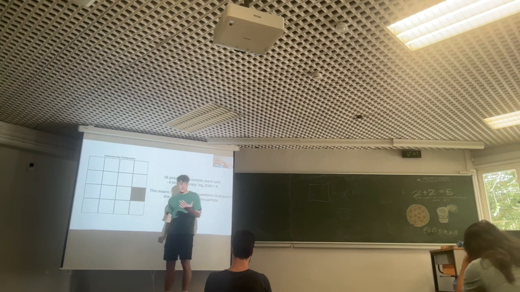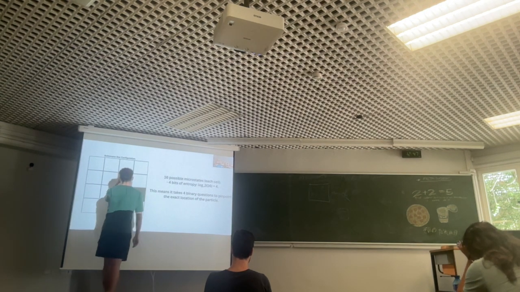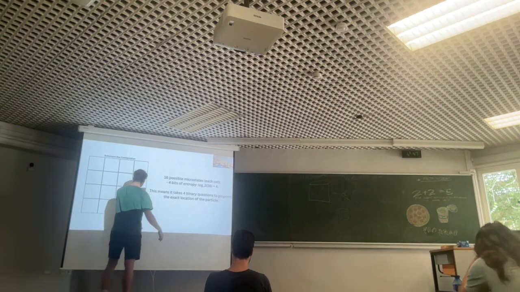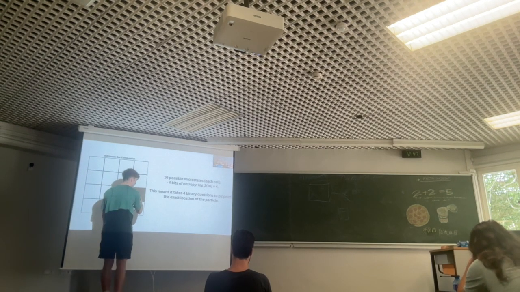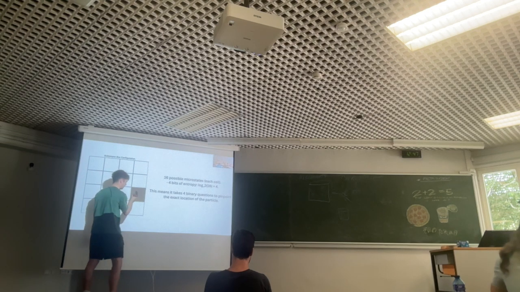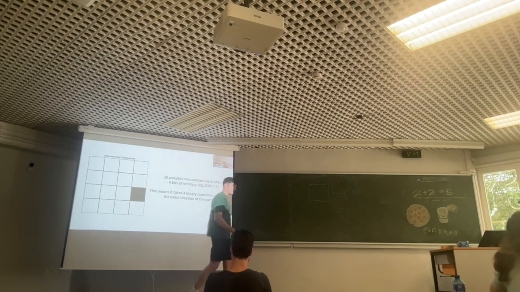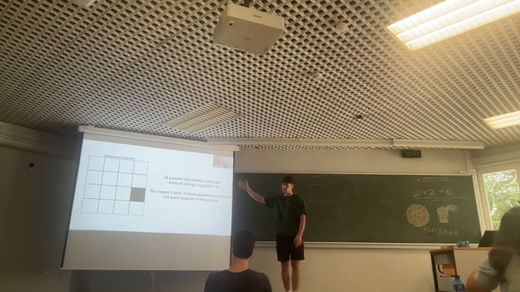How many questions do you need to ask in order to specify this? Is the particle on the right or the left? 1 question. It's on the right. Is the particle above or below? It's below. 2 questions. 3rd question, left or right: on the right. 4th question, it is above. That means there are 4 binary questions to pinpoint the microstate from the macrostate.